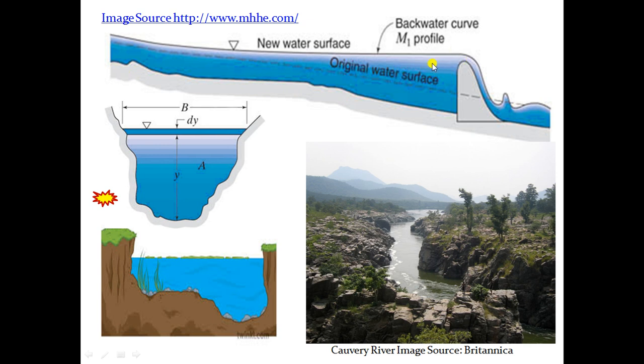Now, if there was no obstruction in the river, there would have been flow wherein the dotted line would indicate the free water surface. Because of this obstruction, at a certain point the water level rises and attains a maximum. The resulting flow obviously is a gradually varied flow.